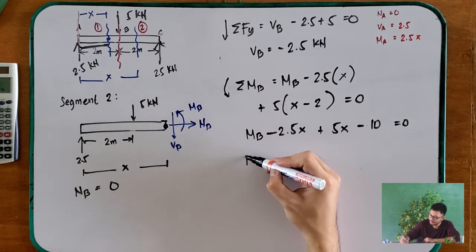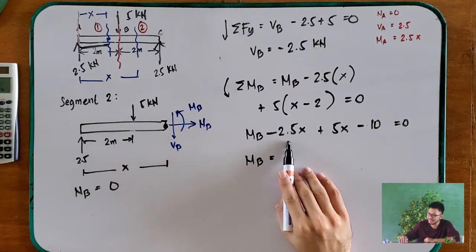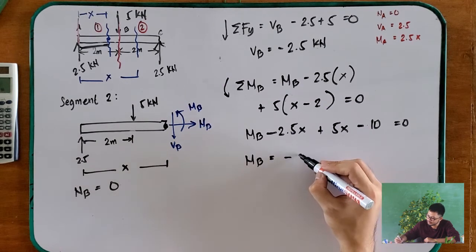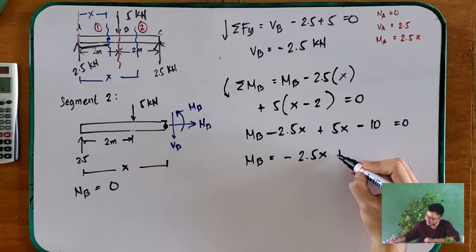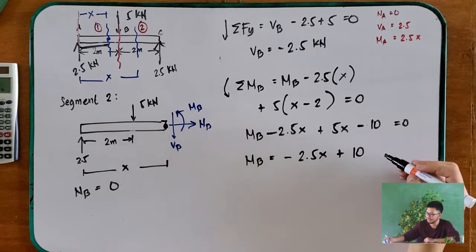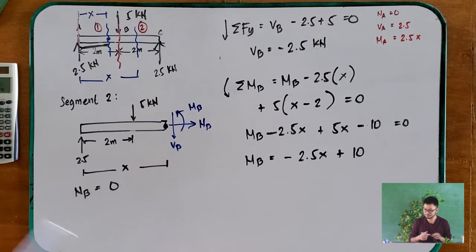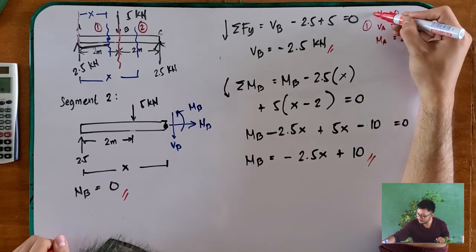So therefore, your MB right here is equal to 2.5x plus 5x. That is negative 2.5x plus 10. Am I right? So, we have this equation. So mo na sa segment 1 kani silang tulo.